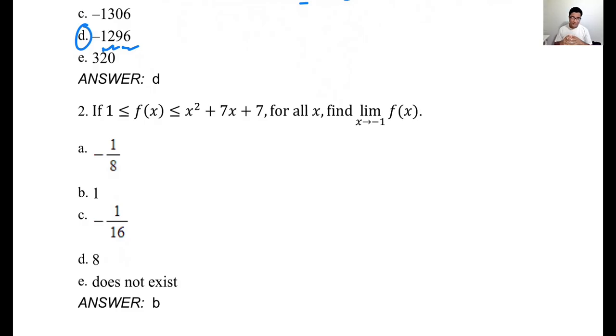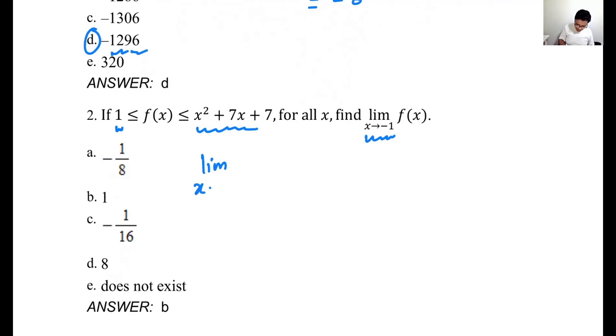Next, the function f of x is bounded by 1 below and x square plus 7x plus 7 above. Right, we use that language. It's bounded between these two other functions, and we have to evaluate the limit as x approaches negative 1. So first let us check what are the limits of these bounding functions at that point. And I want you to be thinking what's the theorem we are going to use here in the meantime.